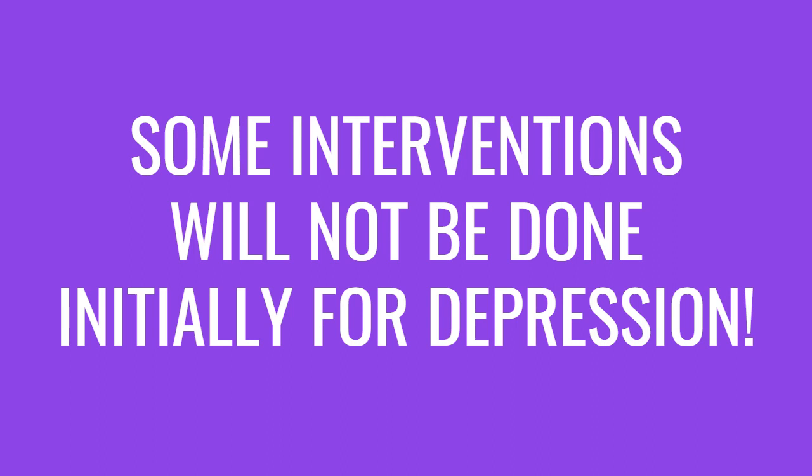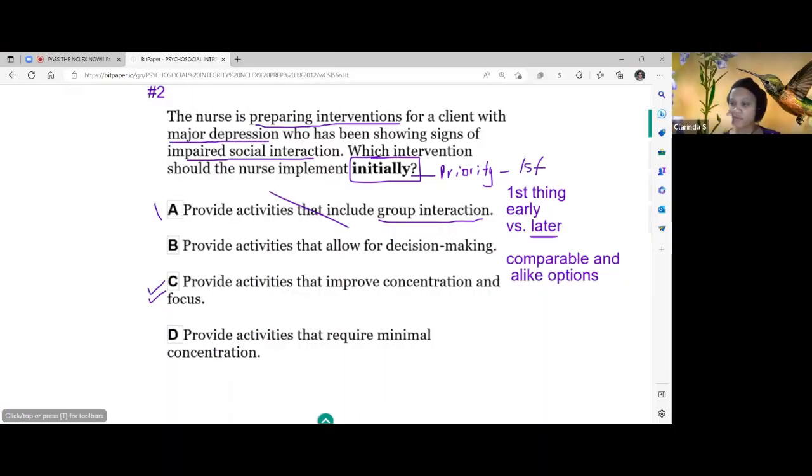All right, anything else that we want to eliminate? Are we sure? Are we stuck on C? Any other thoughts on this one? All right, so let's look at B. Are we eliminating B or maybe deciding on B? With B, that option is saying to provide activities that allow for decision making.